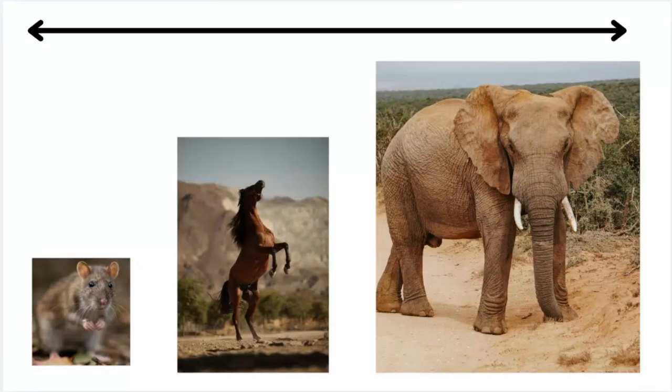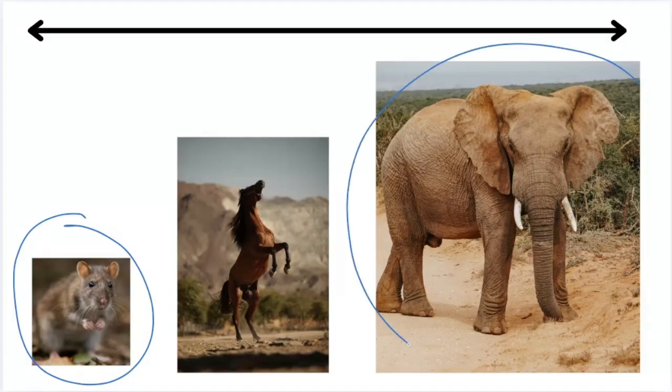Next, we have small and big. The mouse is small. The elephant is big. Small, big. We can also say small and large.